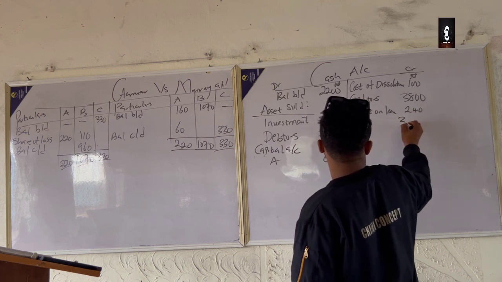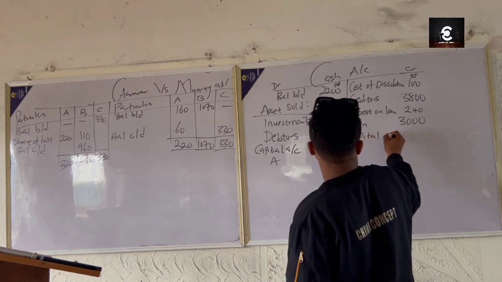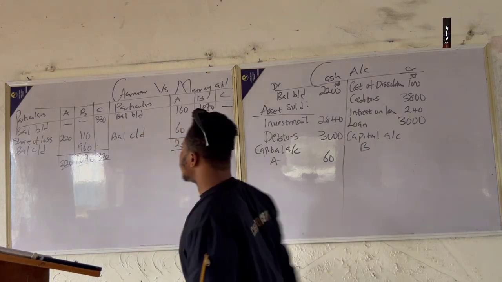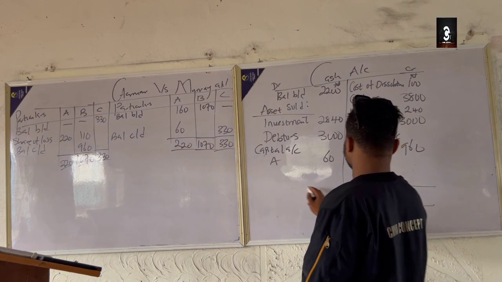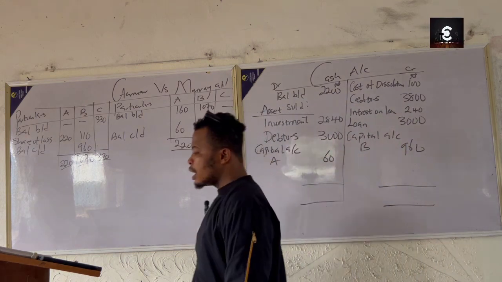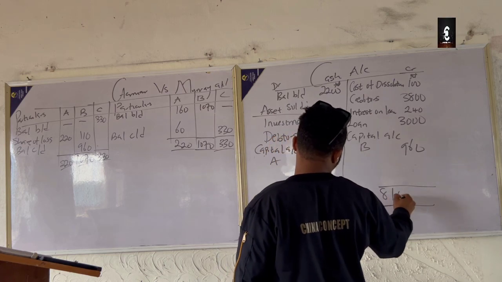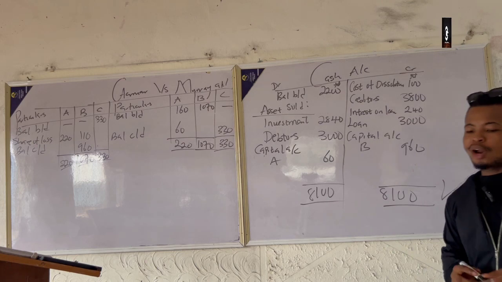Loan 3,000. Capital account for B, look at where B is, 960. If you add up, cast this, it is expected to give us 8,100. If here does not balance, you are wrong.